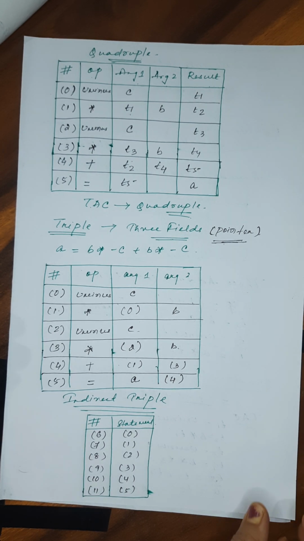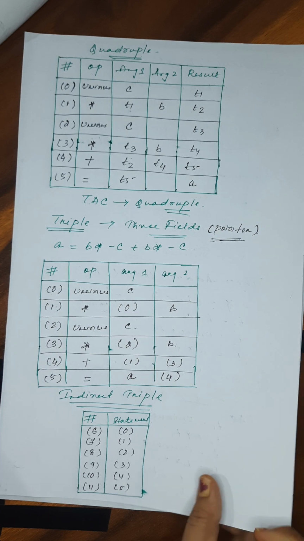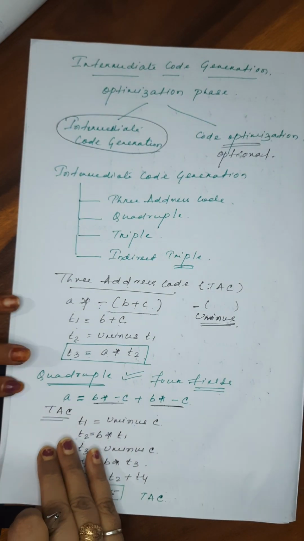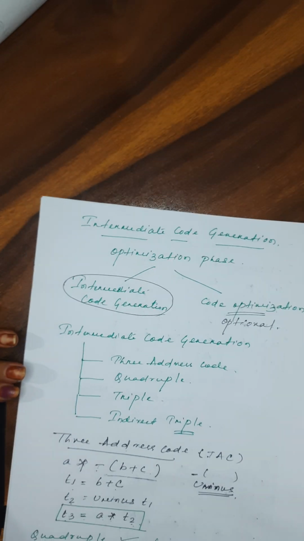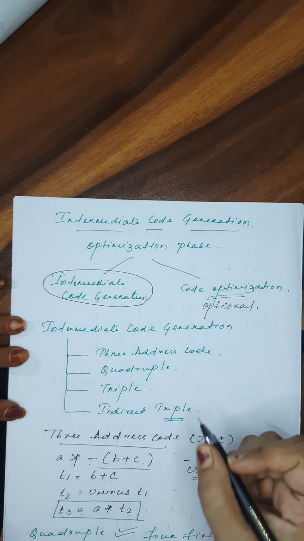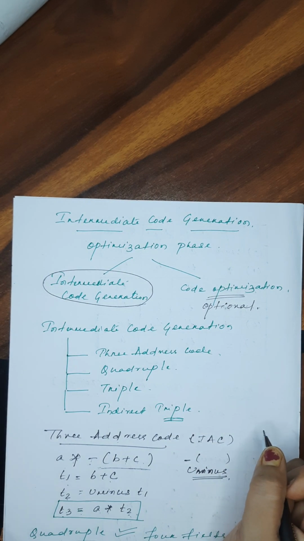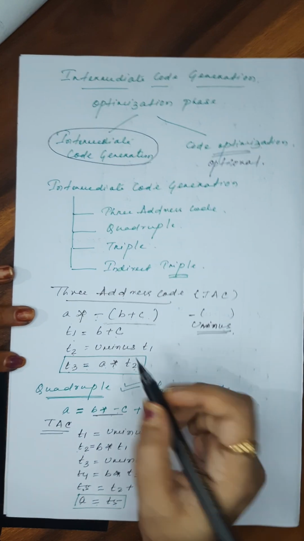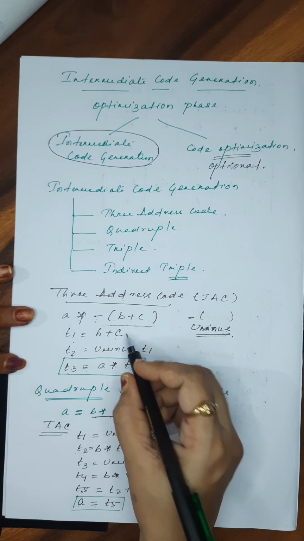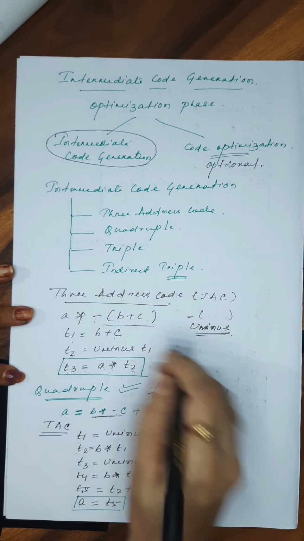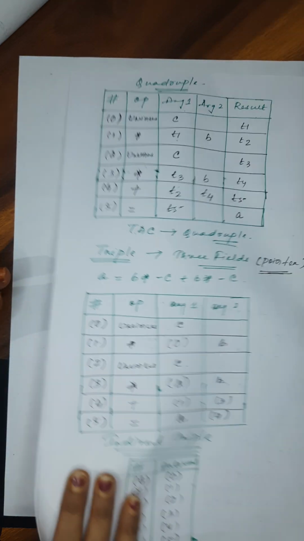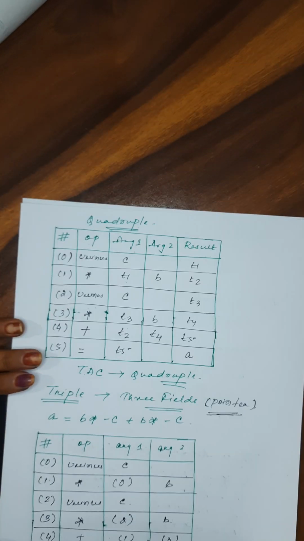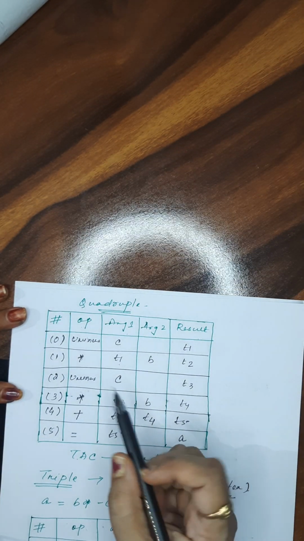Now, what is the easy way of constructing these tables? See, any expression is given to you. Let us say the question is about quadruple, and the 3 address code is not asked. Then the first thing that you have to do is construct the 3 address code. Then for the corresponding 3 address code, you will construct the quadruple and simply make the entries from the 3 address code.